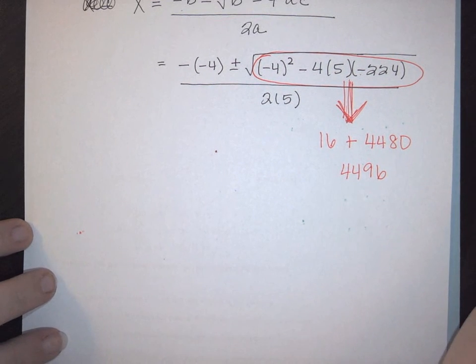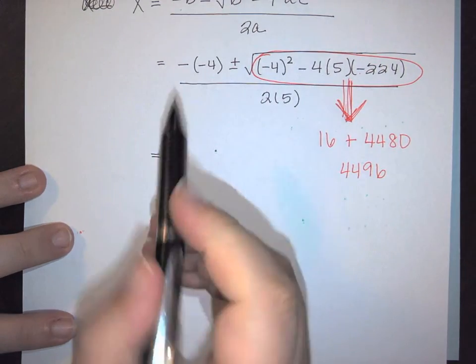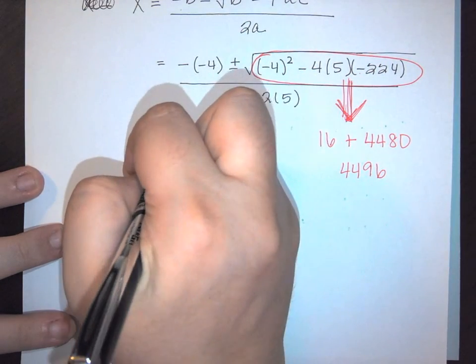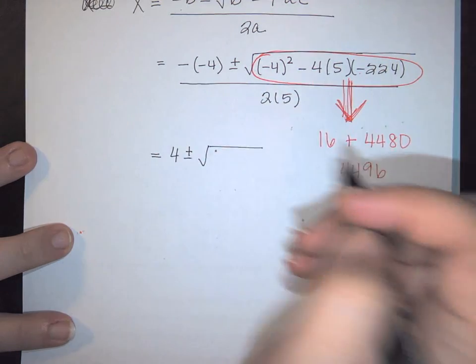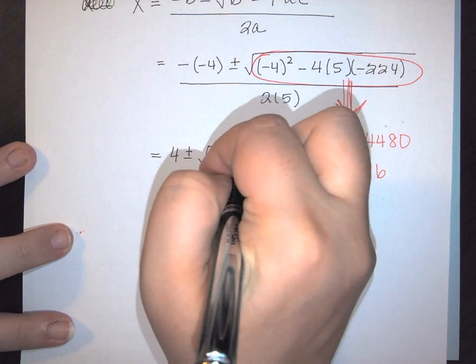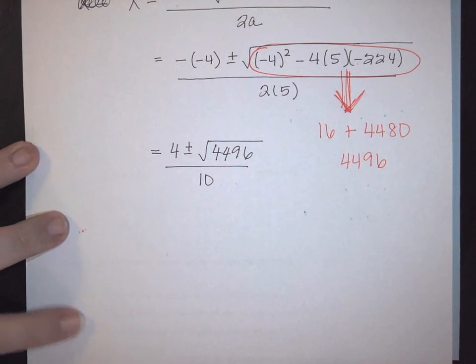So let's input that back into our formula. Negative times negative is positive, so this is 4 plus or minus the square root of 4496, and the whole thing is over 10.